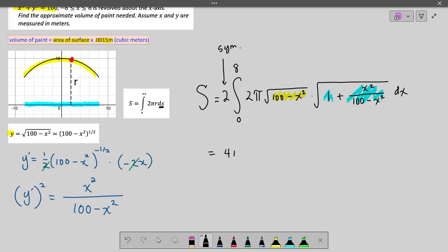We'll have 4 pi integral 0 to 8. 1 square root, so 2 square roots become 1. Multiply 2 square roots together, it becomes 1 square root. The inside of the left one multiplied by 1. So this yellow is being distributed there, and then it's being distributed to the fraction.